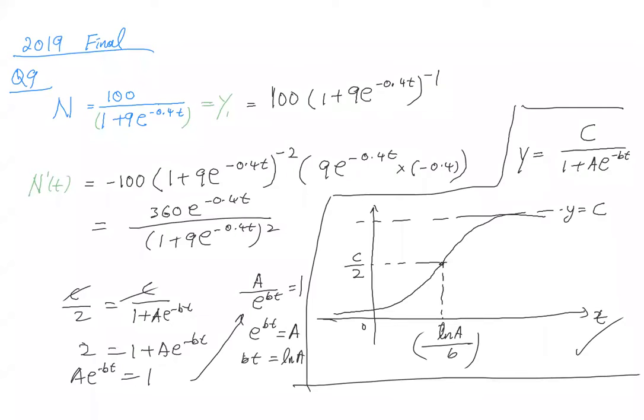So for example, this question part D, correct? For part D, I can straight away use it, because my n is equal to 100 over 1 plus 9 e to the power of negative 0.4t. So we have C over 1 plus a e to the power negative bt.